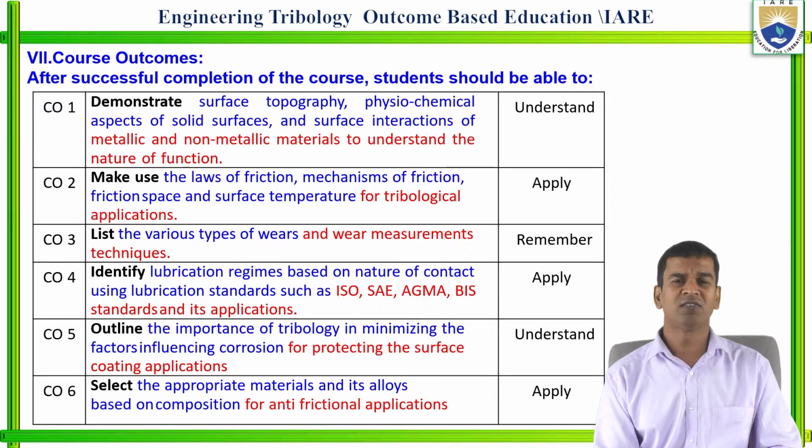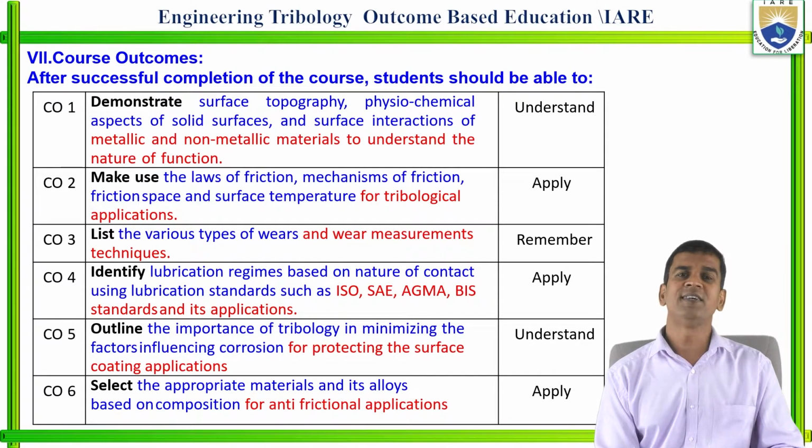Students will also understand the physiochemical aspects of solid surfaces. When the material is subjected to chemical exposure, the physical and chemical changes on the surfaces can be studied with the help of this subject.